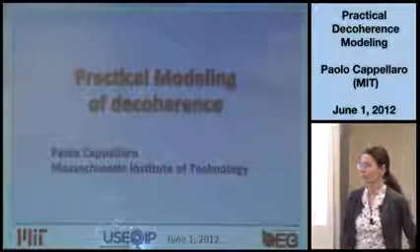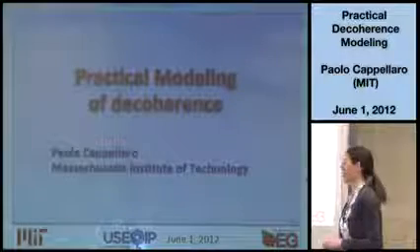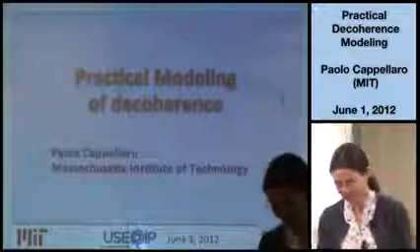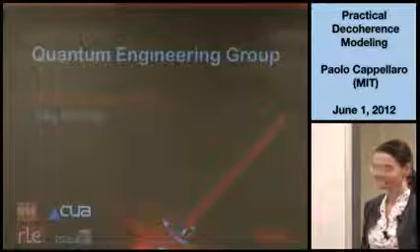Before I start, I will do a bit of advertisement about myself and what I do. Hopefully you're interested. Okay, so switching colors, which probably will not work very well.